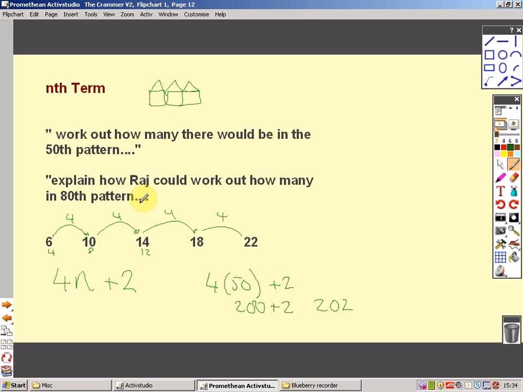If that was the question, you could write he could use 4n plus 2 and 80 for n. So 4 times 80 plus the 2. 4 eights are 32, so it'll be 320 plus the 2, 322.